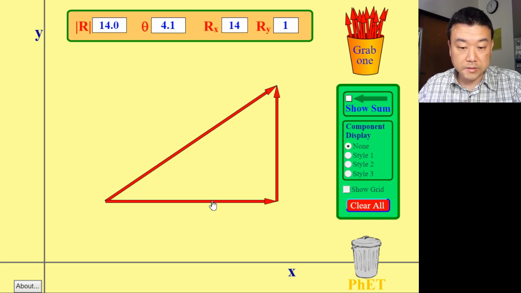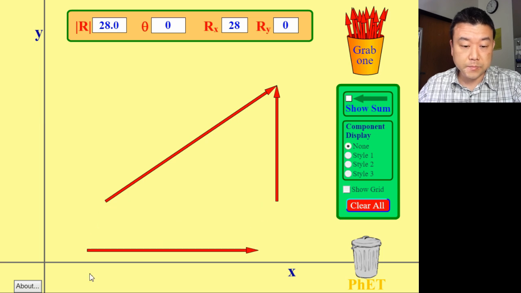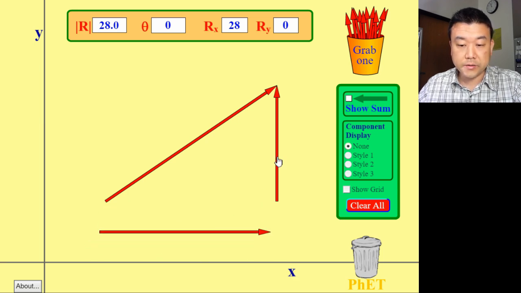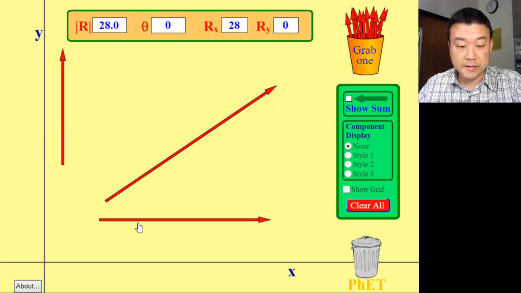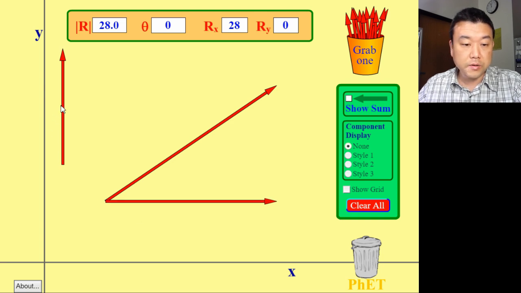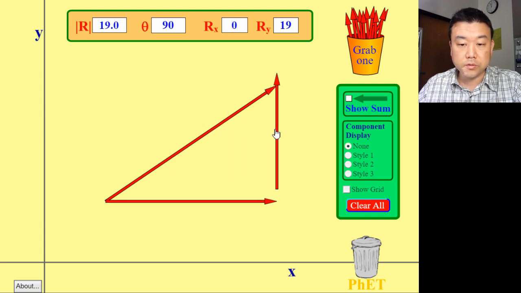The two vectors that add up to this whole vector are in two perpendicular directions. This vector here is parallel to the x-axis, and this vector here is parallel to the y-axis. And you can see that adding this vector that's parallel to the x-axis to the vector that's parallel to the y-axis gives you this whole vector here.